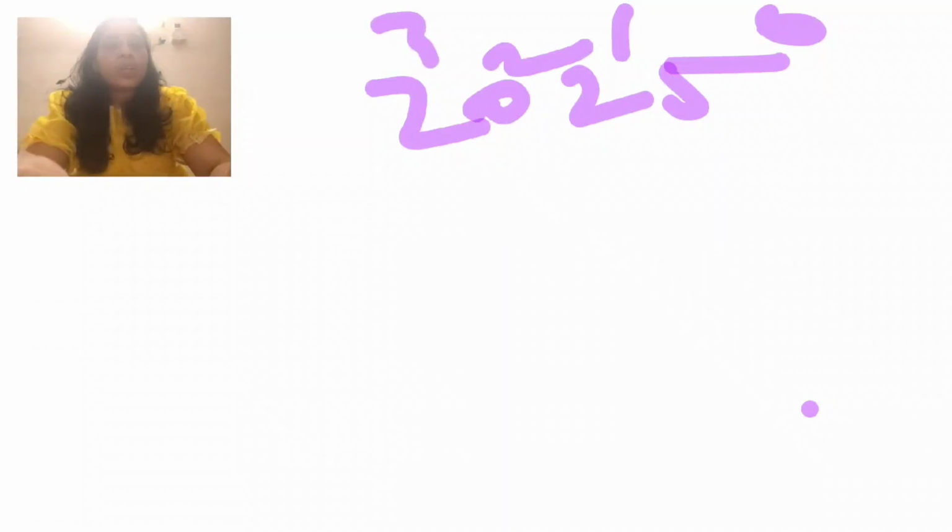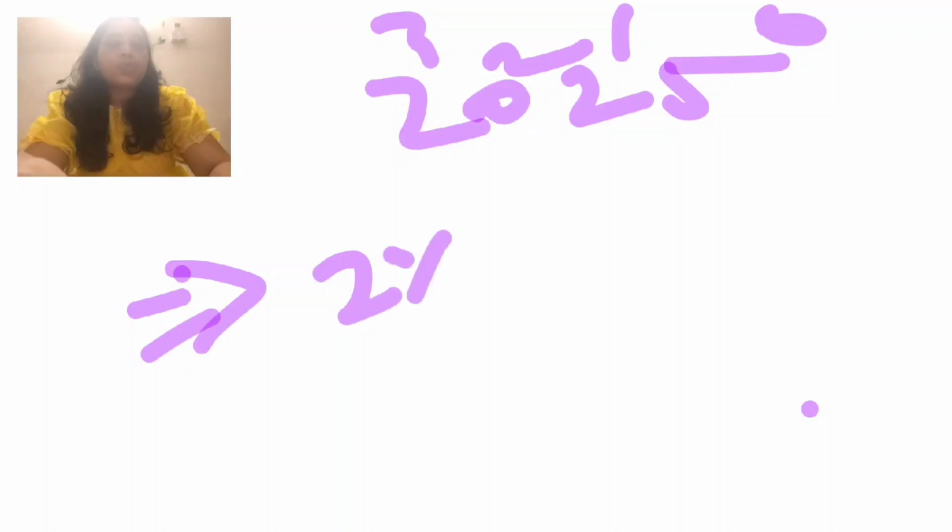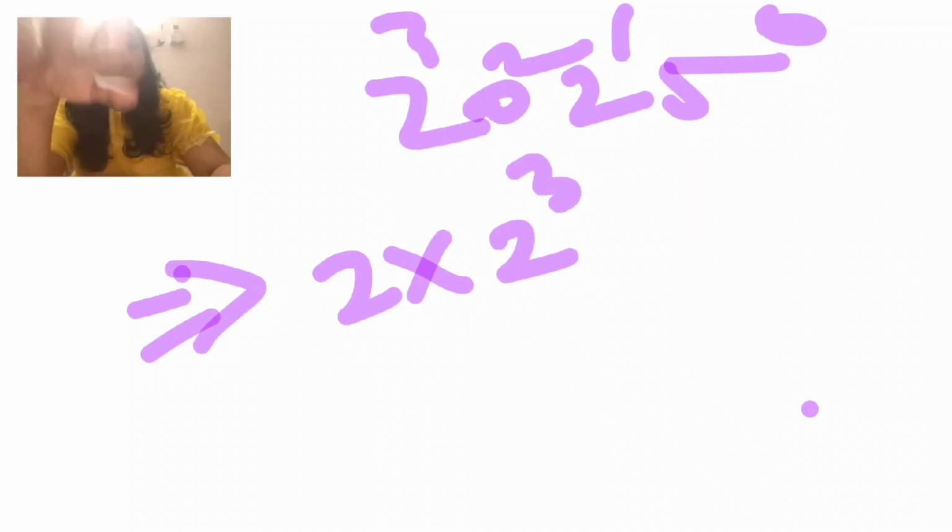Now we can expand this form into the binary method. So 2 into 2 power 3, because I'm going to convert this value in binary.